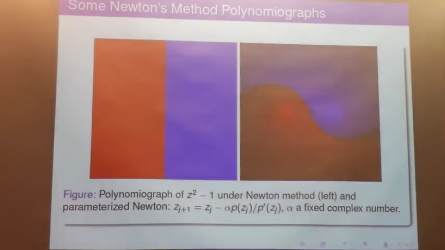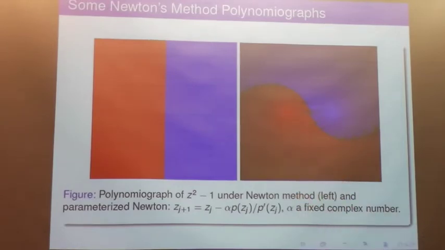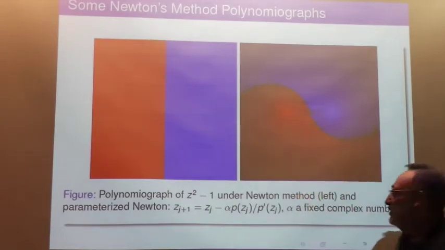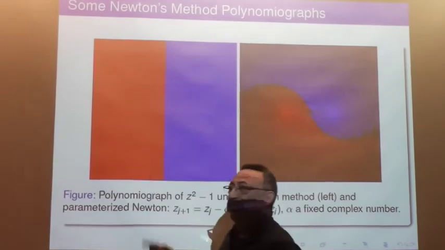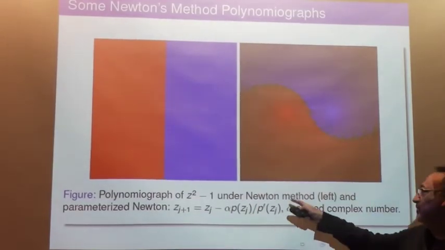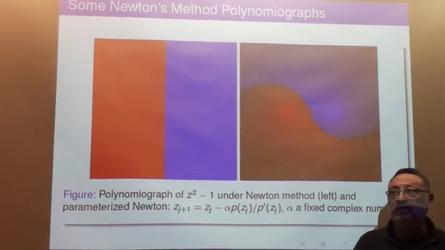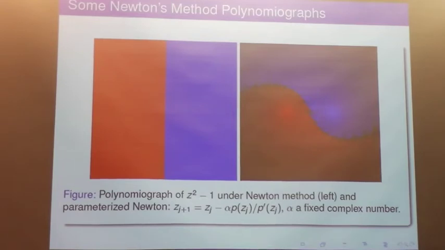Newton's method polynomiographs: the left image is the polynomiograph of z squared minus 1. The roots are sitting here and here. And the right image is a polynomiograph where, if you put an alpha in front of this Newton step, with the right alpha, you get this. I did this in South Korea with a group of middle schoolers.